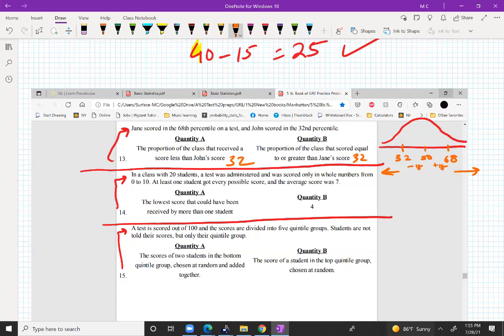Score that could have been received by more than one student. I don't know how we could find that out, but is it D?